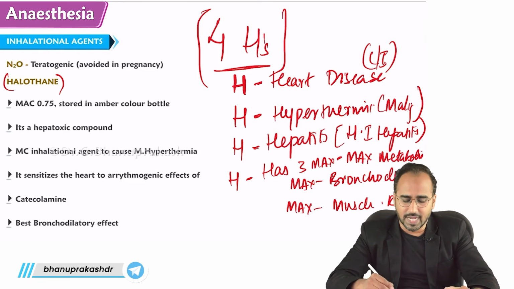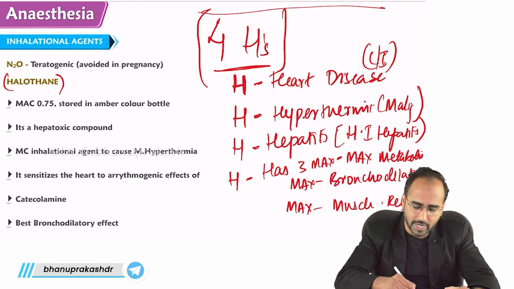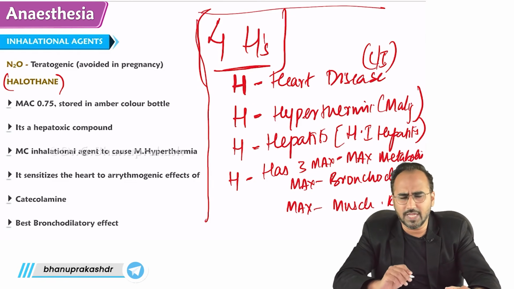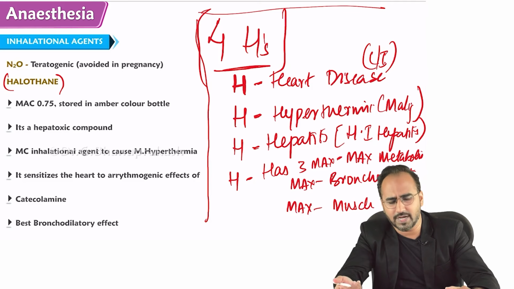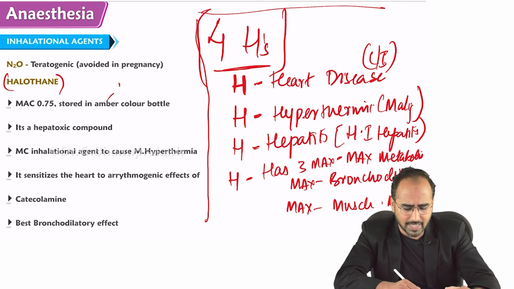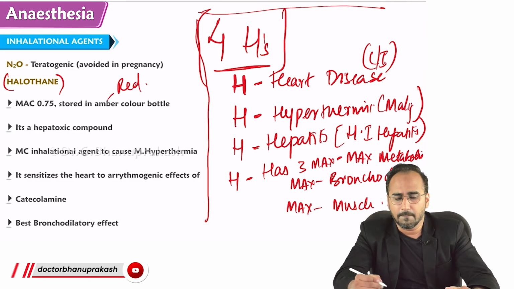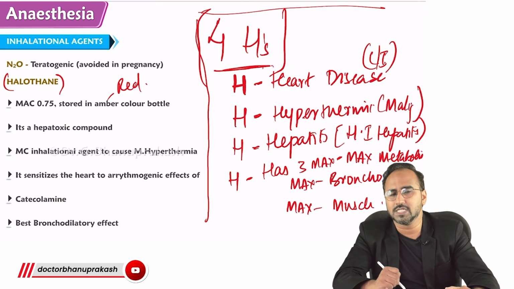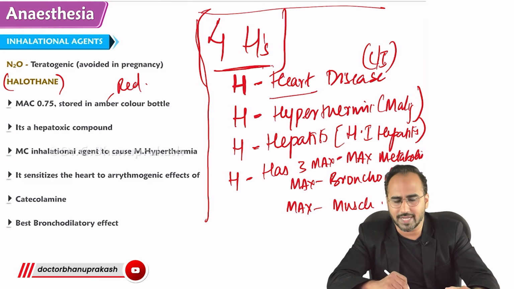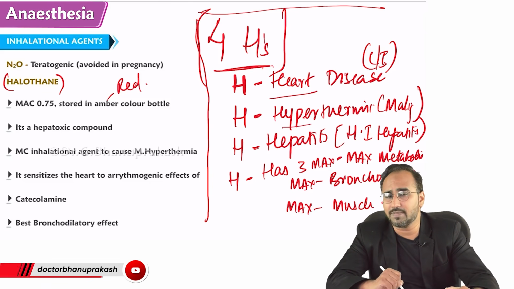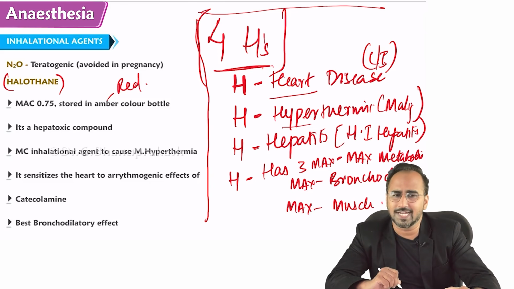So this is the summary of halothane, the 4 H's of halothane, guys. If anyone asks, you can add that halothane has a MAC value of 0.75 and is stored in amber or red colored bottles. But you have to remember the 4 H's. The first H, contraindicated in heart disease. Second H, malignant hyperthermia.